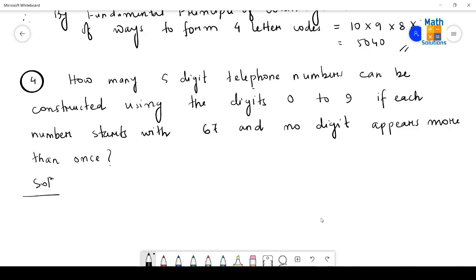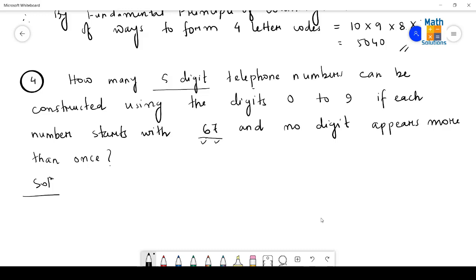The first and foremost thing to be noted here is that the first two places should always be filled in with 6 and 7. In the first place there should always be 6, in the second place there should always be 7. And for the remaining 3 digits we have to make selections. Telephone numbers must always have 5 digits, out of which the first 2 digits should always be 6 and 7.